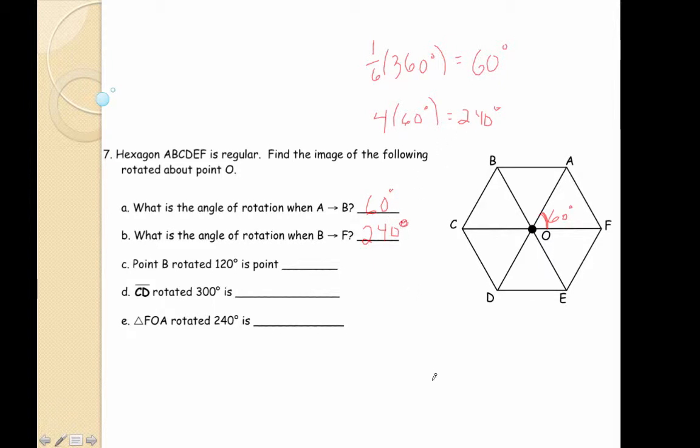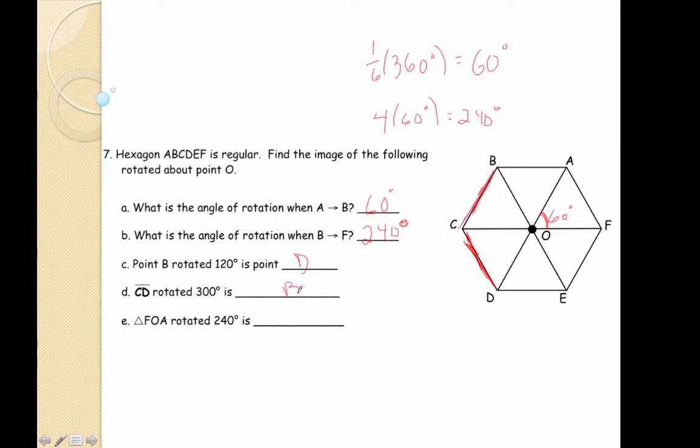If we take point B and we rotate it 120 degrees, that's 2 times 60. So 60, 120, we get to D. If we take this whole line segment here, the whole thing, and we go 300 degrees, so 60, 120, 180, 240, 300, we get here.